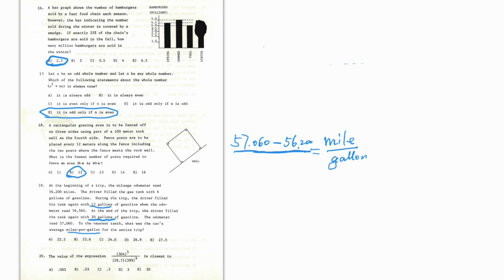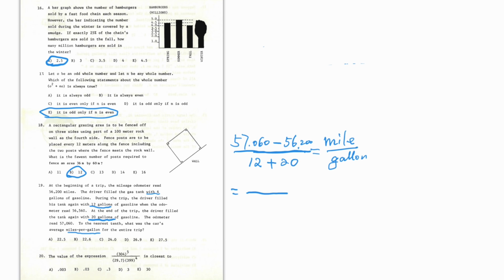So the difference is the trip. And the gallons: at the beginning, he filled 6, which is not counted. That 6 is for the fill up at the beginning, but the 12 was filled during the trip, and at the end, filled another 20 gallons.